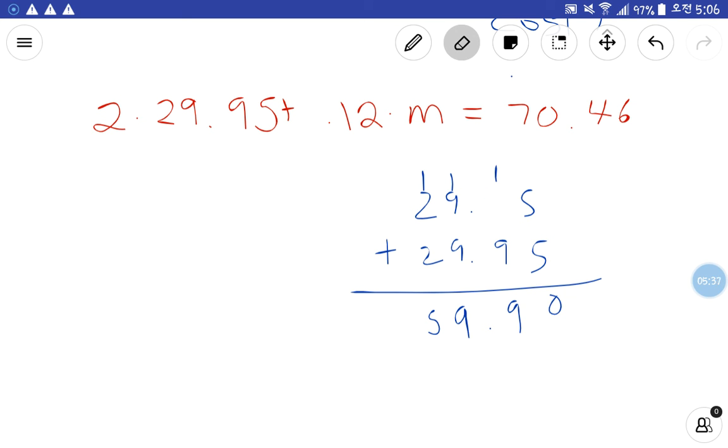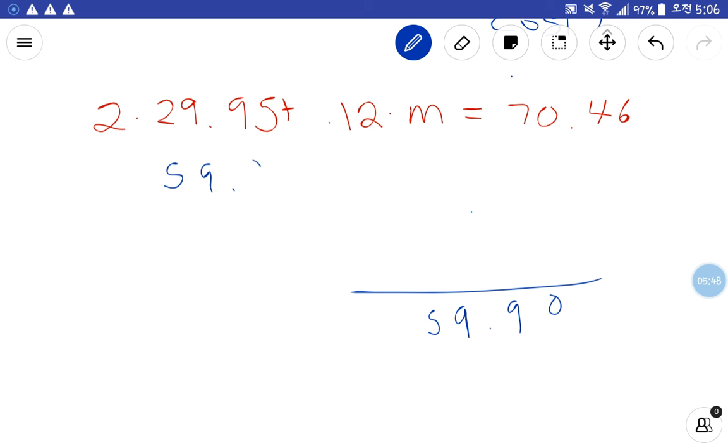So let me erase this and write down here: $59.90 plus 0.12m would be the same as $70.46.